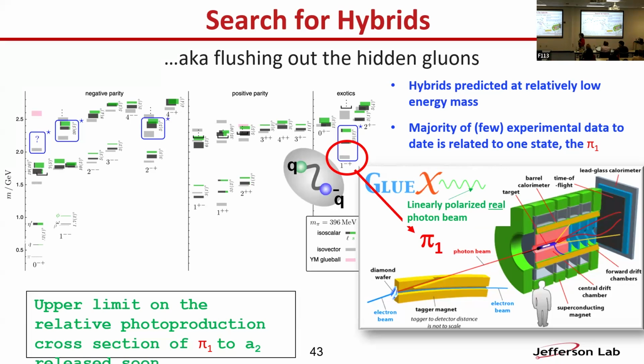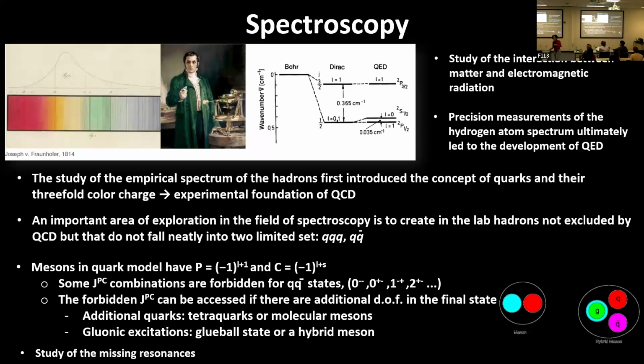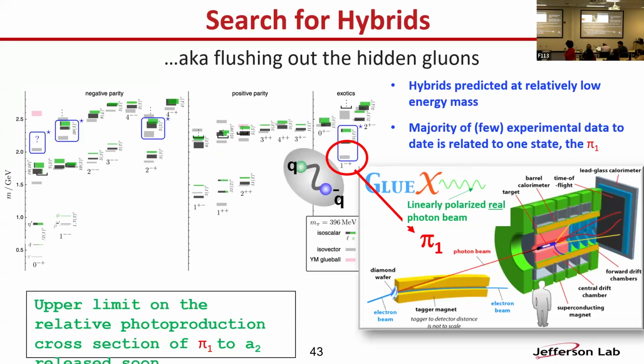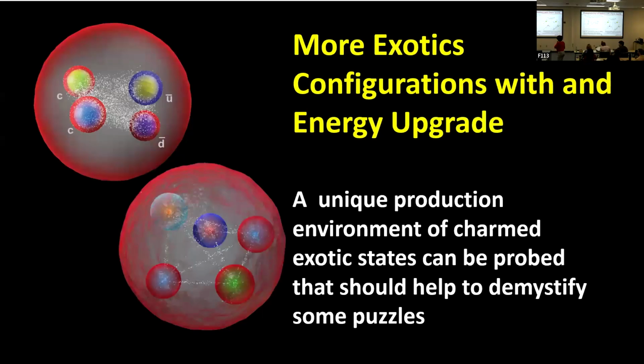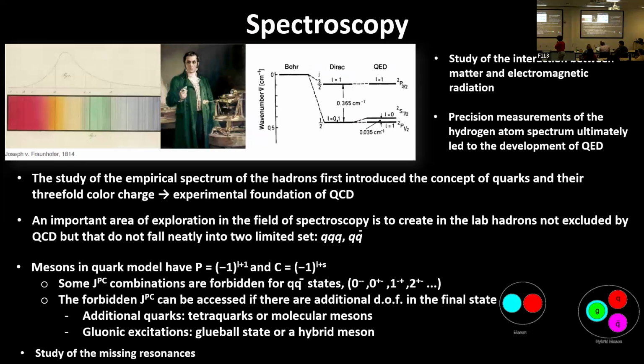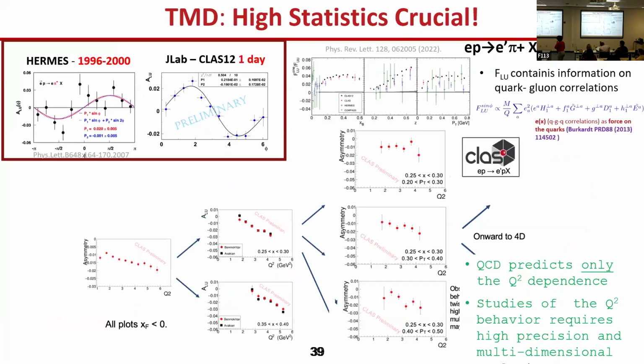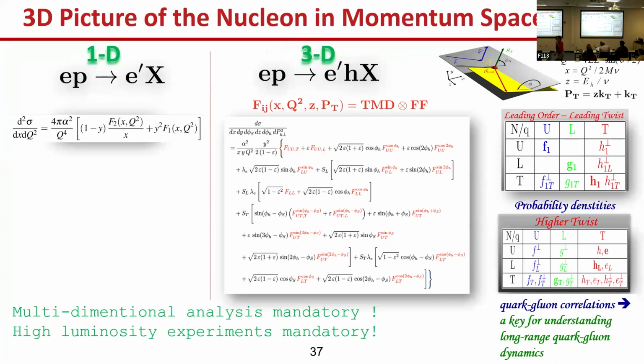So my question is, in the slide where you were talking about higher twist TMDs, what different do we have to do experimentally for the determination of E or the determination of F1? What is the difference experimentally?